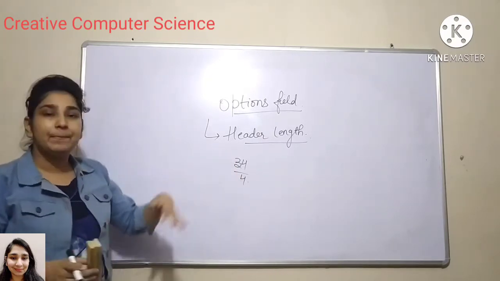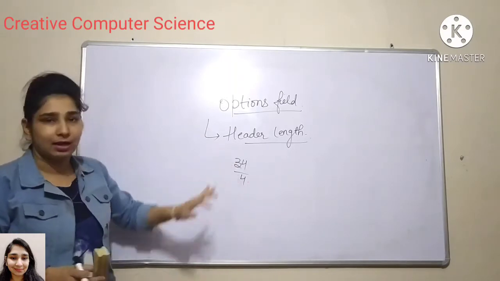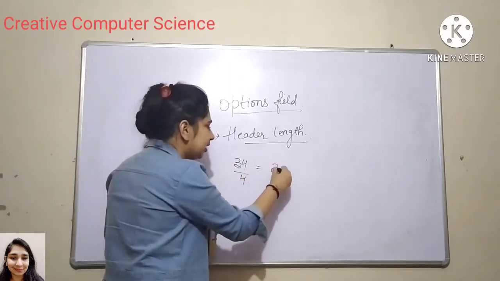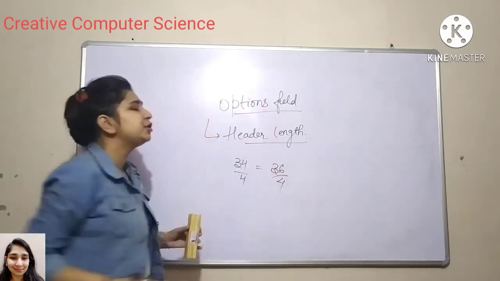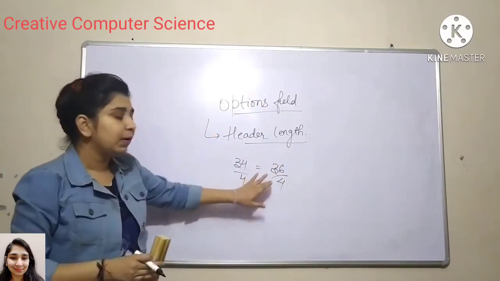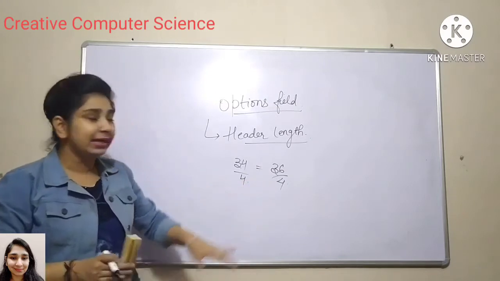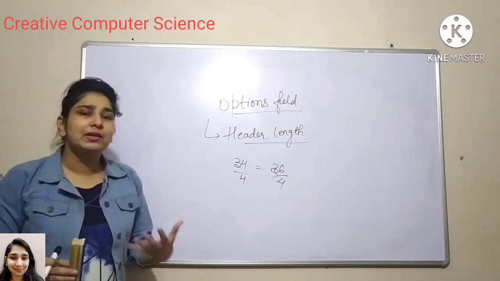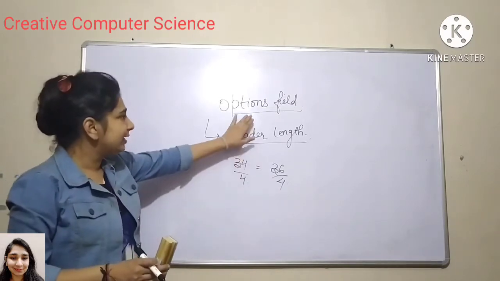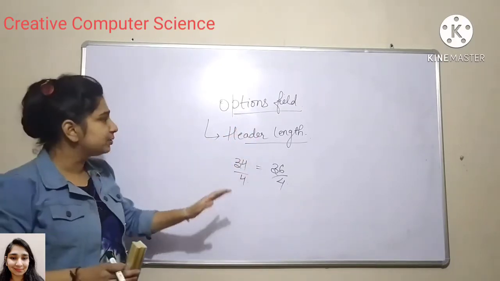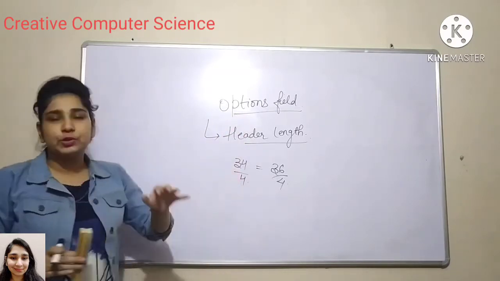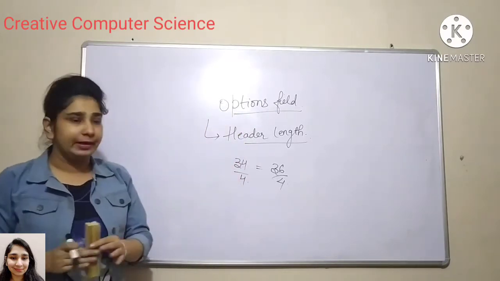You have to pad 2 bytes of data to the size of the header to make it 36 so that it is divisible by 4. So this is padding of extra dummy bits, and we can use the options field for it. This is the first use of the options field.